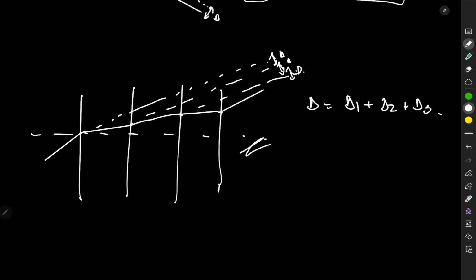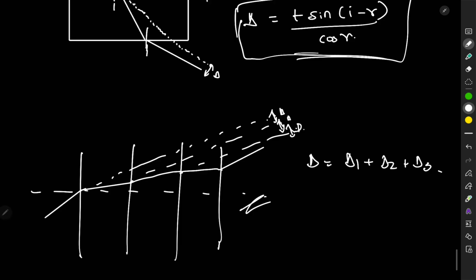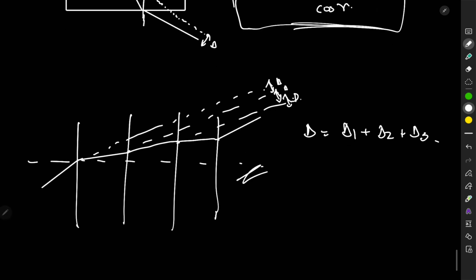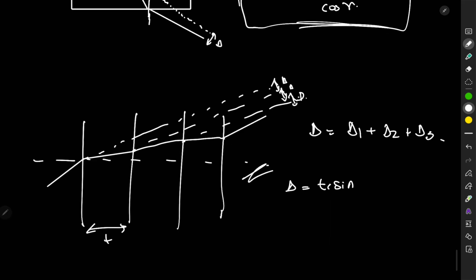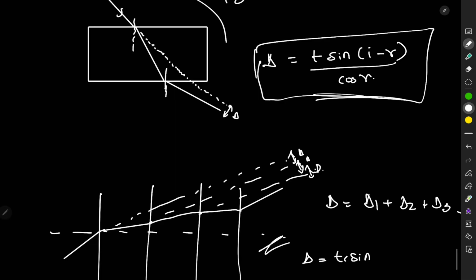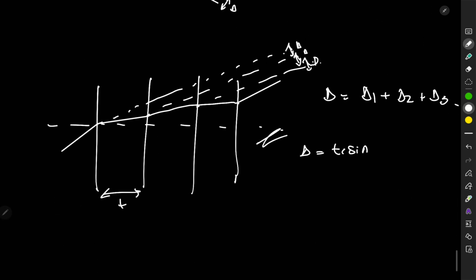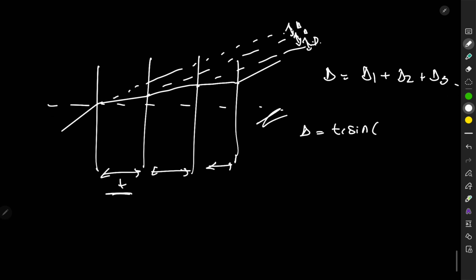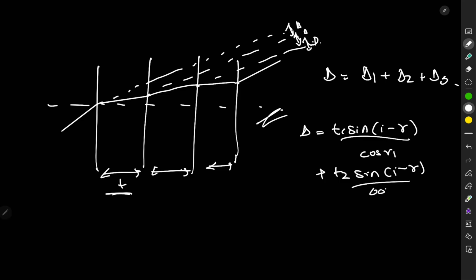Add this three times. Delta is equal to T1 sin(i minus r1) by cos r1, plus T2 sin(i minus r2) by cos r2, plus T3 sin(i minus r3) by cos r3.